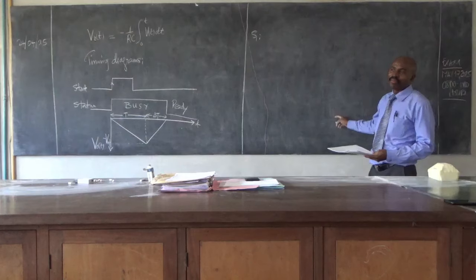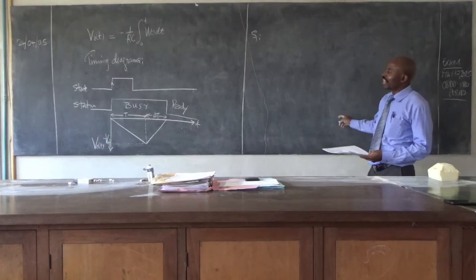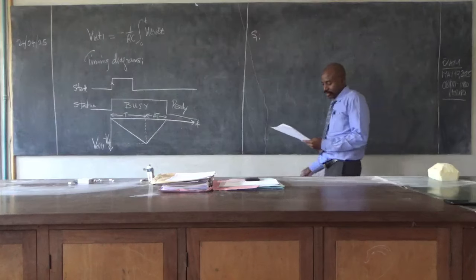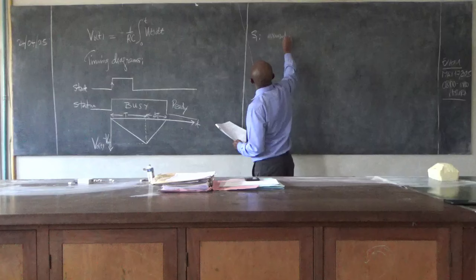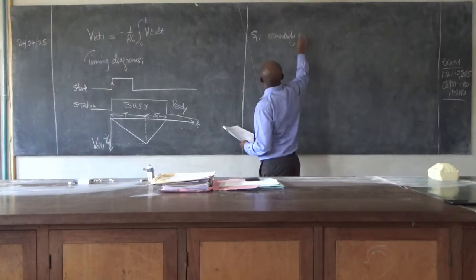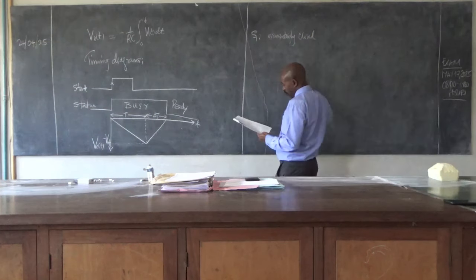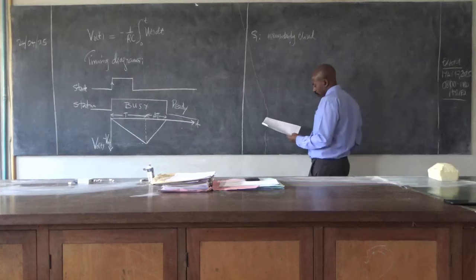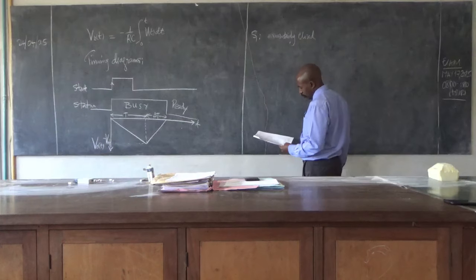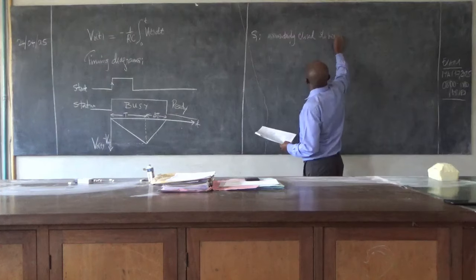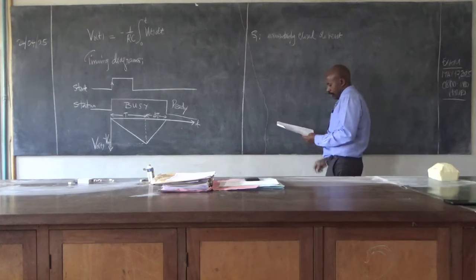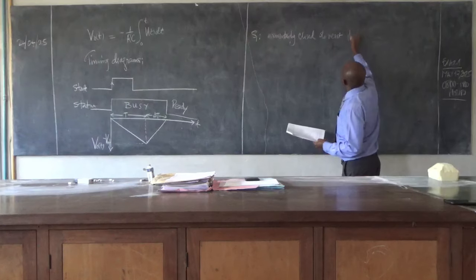I wrote the diagram, but if you can refer to it: if S1 is momentarily closed, that means to reset V naught to 0.